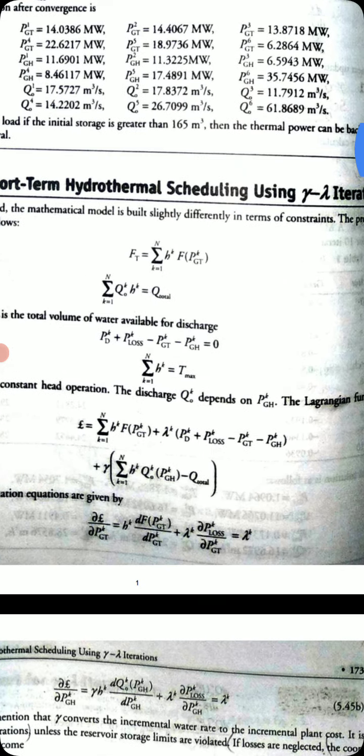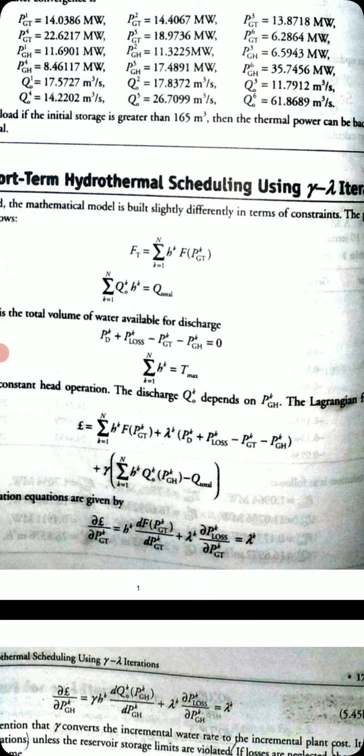This is the main objective function we need to minimize, subject to the constraint that the summation of q_0k h_k is equal to q_total, where q_total is the total volume of water available for the discharge.